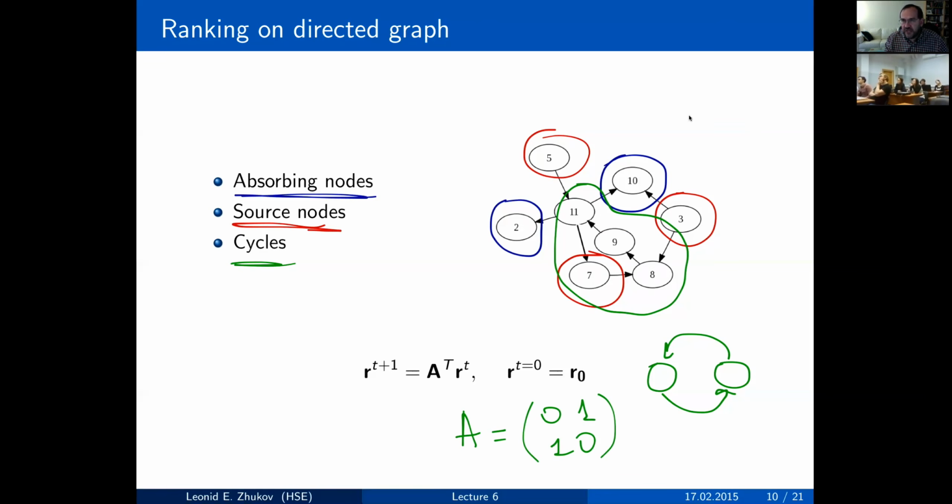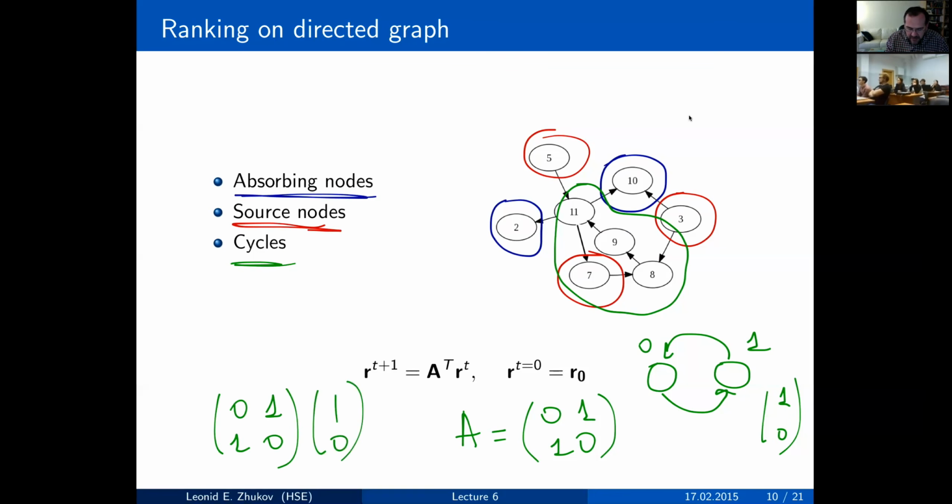Let's say we initially have a distribution of the weight of 1 and 0, so the vector is 1, 0. And let's try to iterate. To iterate, we multiply the transpose of this matrix, which is itself in this case, by this vector. And what do we get? We get the vector 0, 1. If I multiply one more time, I get vector 1, 0.